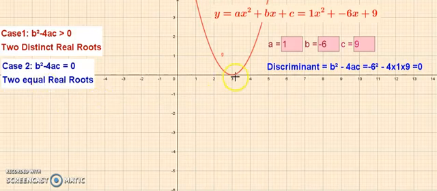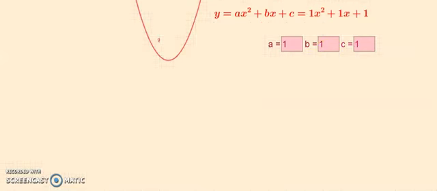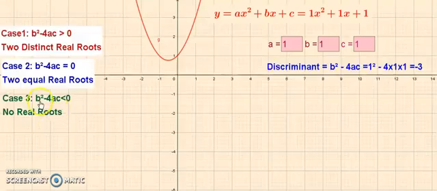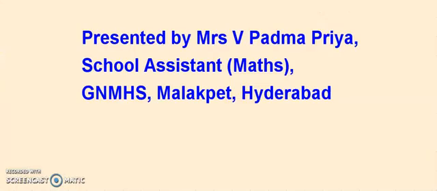That's the reason you can see only one point in common. And the final case, when the discriminant is negative, we do not have any real roots. There are no real roots. That's all for today, children.